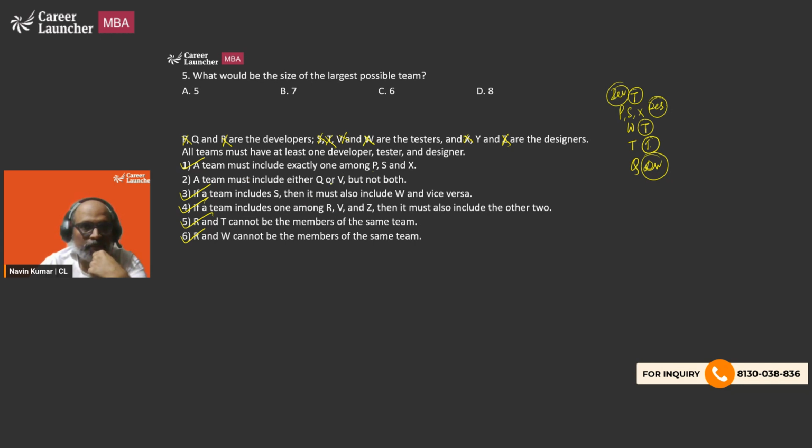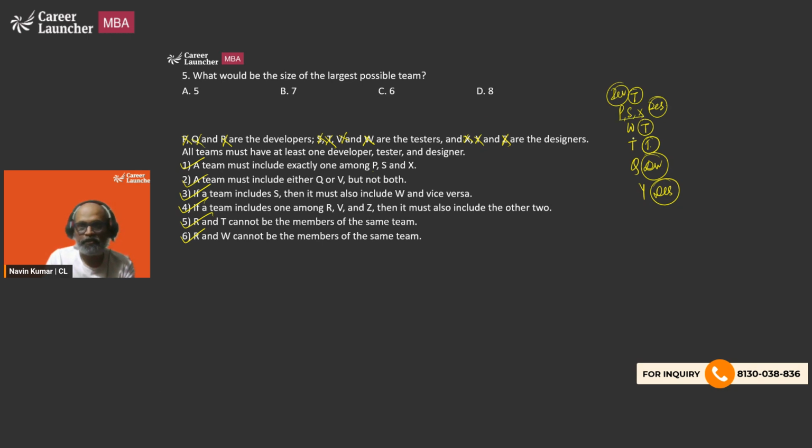A team must include one among P, S, and X. Okay. Can we bring in Y because Y is nowhere to be seen? Yes, we can bring in Y, who is the designer. We are done with Y. Q, we are already taken care of.